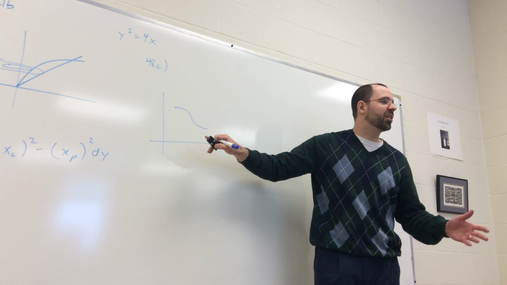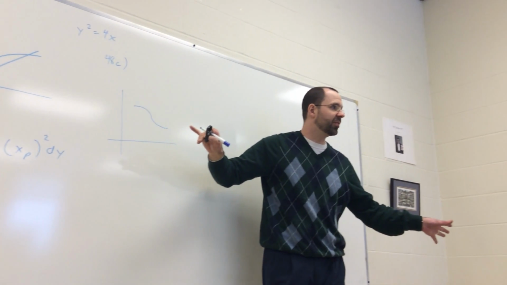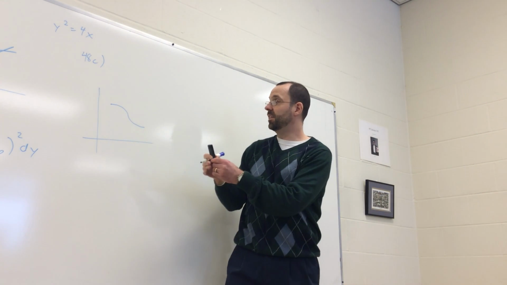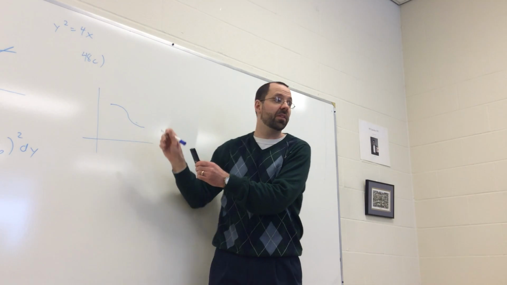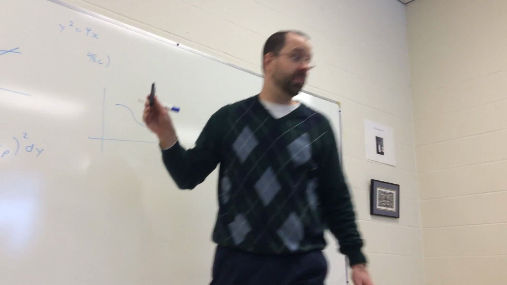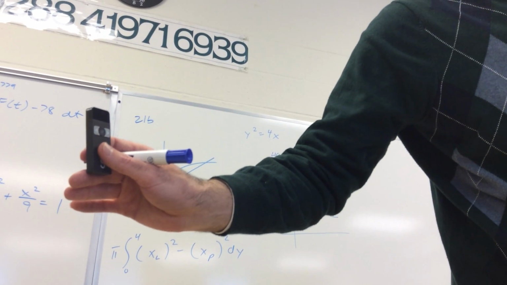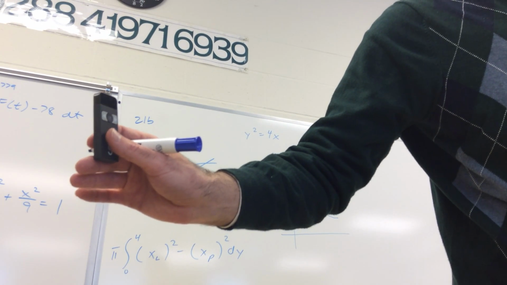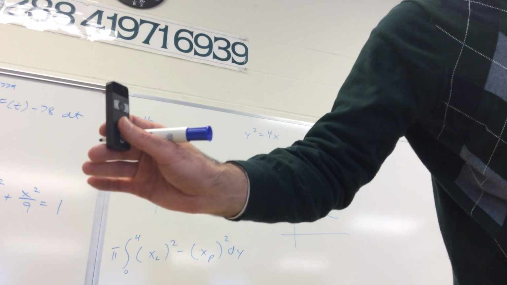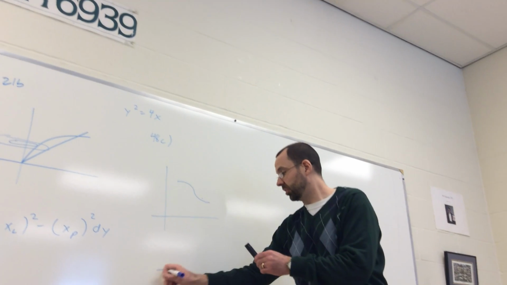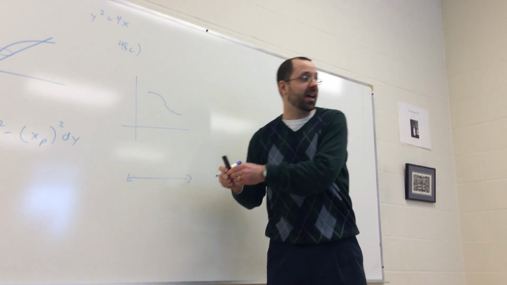So we did length of a curve, but we never did it in the context of this being the position of the thing. But in this problem it is, because it says at time 0 to 4, the position of a particle moving along a path is given by this. So this is the classic calculus problem.